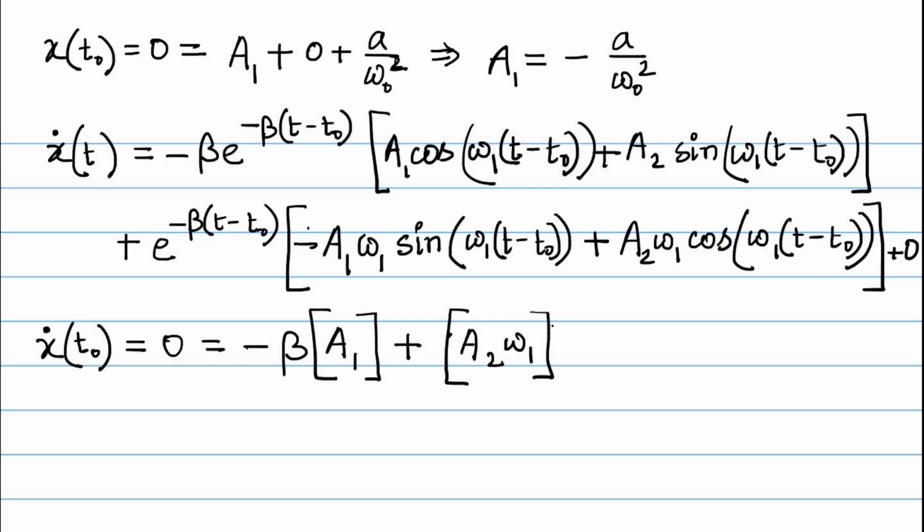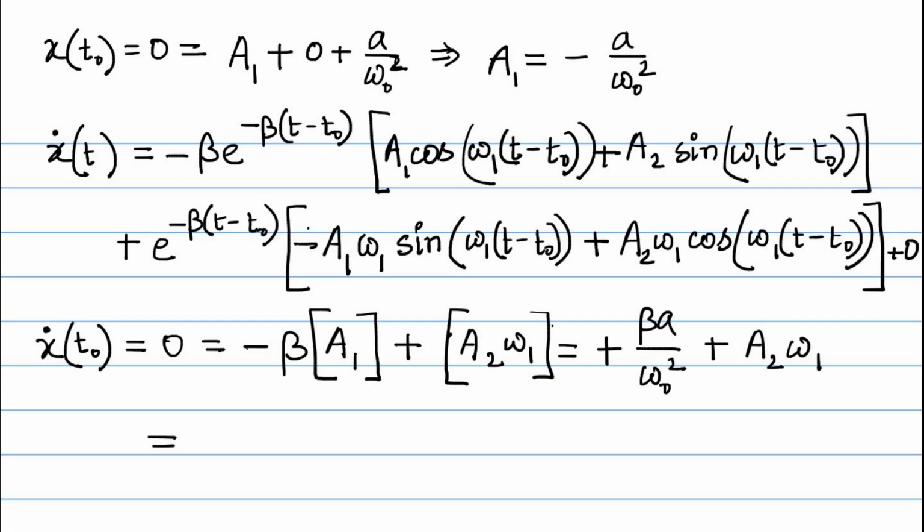From here, we can make it a bit better by substituting the value for a1. So negative beta A divided by omega naught squared, and there is also a negative sign, so it becomes positive, plus we have a2 omega 1.